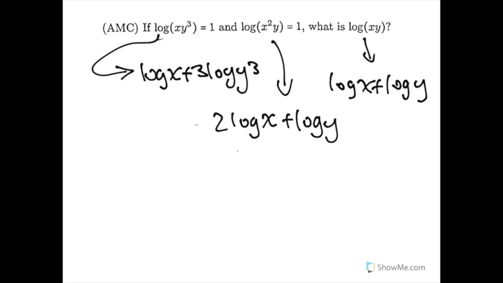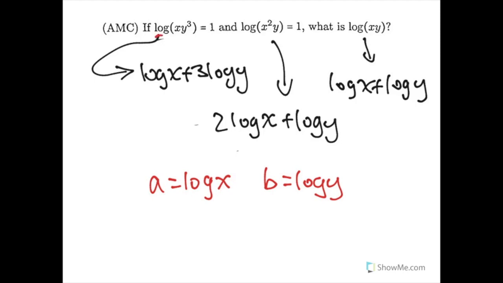Alright, so to make this easier, I'm going to let a equal log of x and b equal log of y. This is so that I can write the problem in terms of a's and b's.